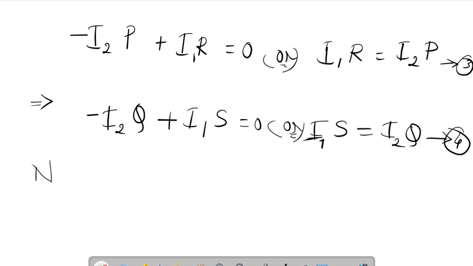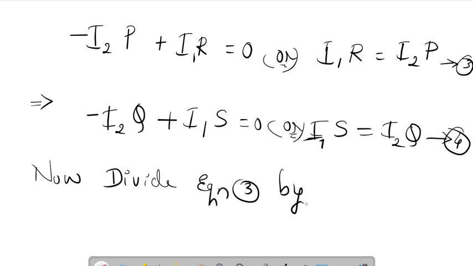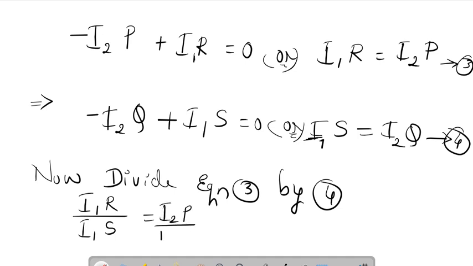Now divide equation number 3 by 4. What will you get here? I1 into R divided by I1 into S is equal to I2 into P divided by I2 into Q. Here I1 gets cancelled, here I2 gets cancelled.